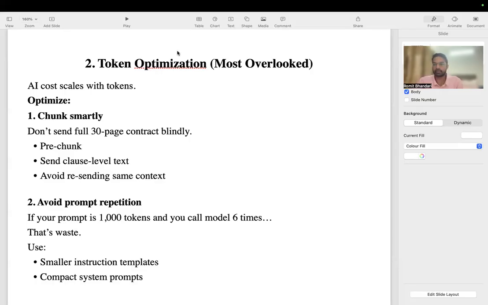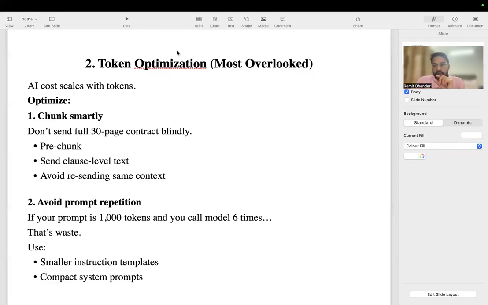Then second, and this is I think most overlooked, because when you're trying to build systems, you sometimes don't understand the number of tokens which are moving into the LLM and the number of tokens which are coming out from the LLM, because that comprises the major cost along with the model cost, right?